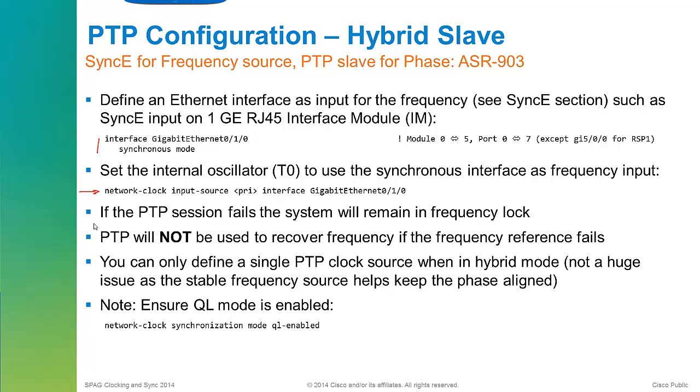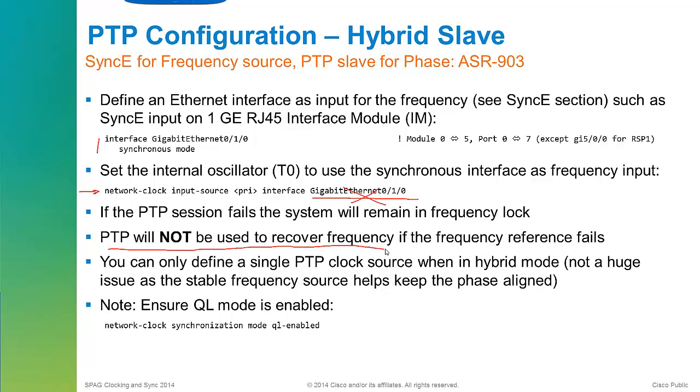So a couple of points to make. If the PTP session fails, the system will remain in frequency lock. So even though you lose phase, you'll still see frequency lock because you still have the gigabit Ethernet connected. But if the frequency fails, if this goes away, PTP will not be used to recover frequency.